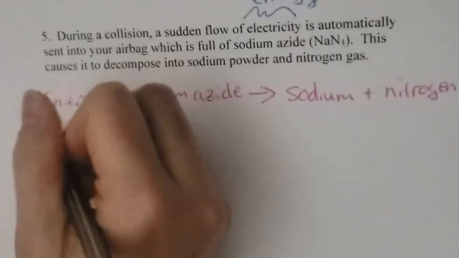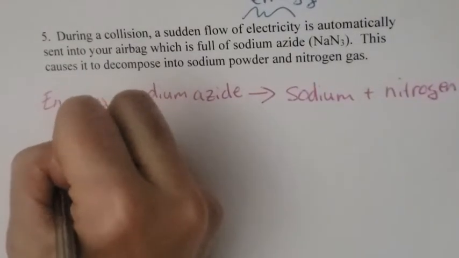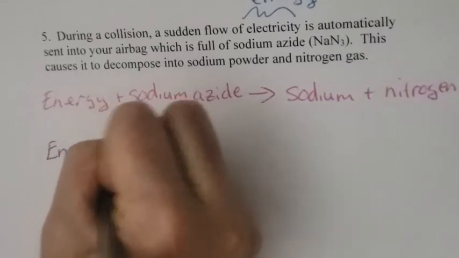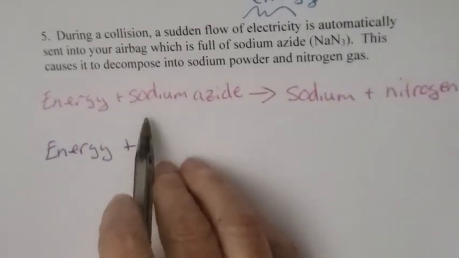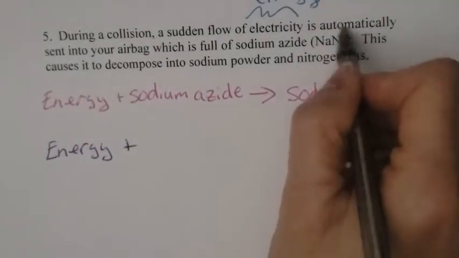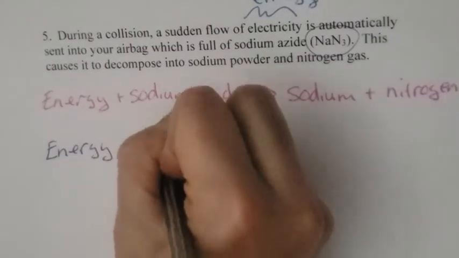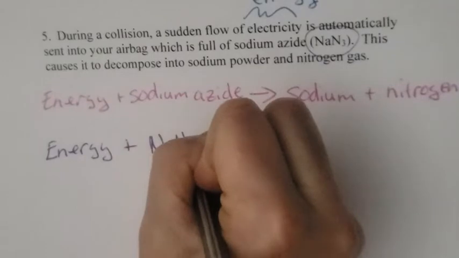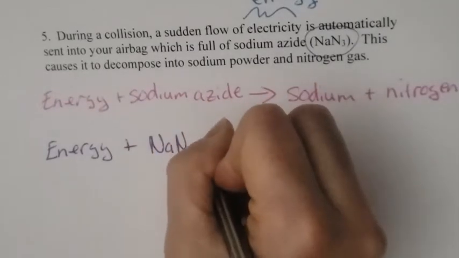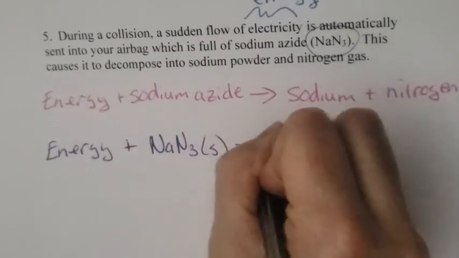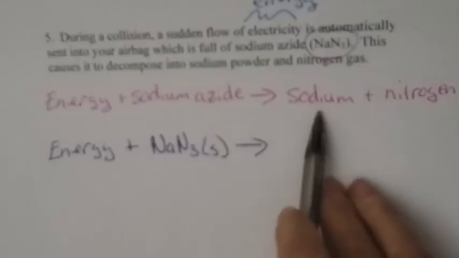Again, there's no formula for energy, so I just write down energy. They gave me the formula for this, so I don't have to figure it out. Formula's right there. It's NaN3. And it's a powder, so I know it's a solid. And that gives me sodium.